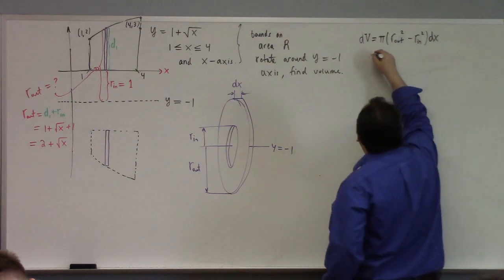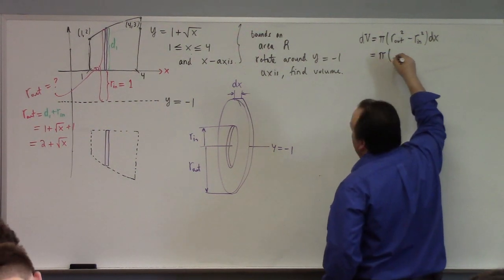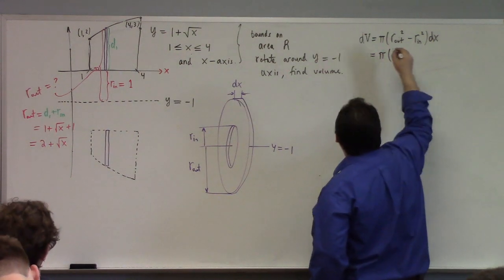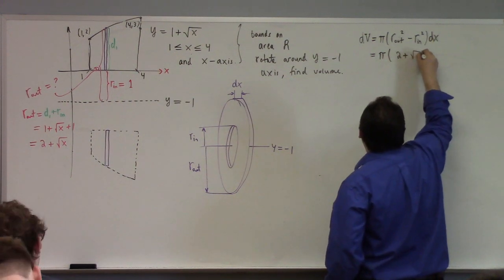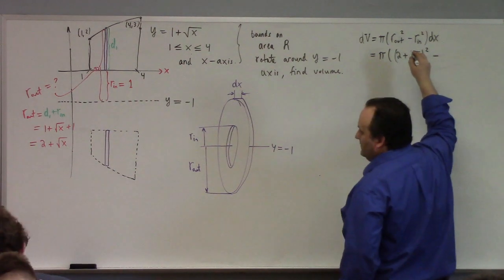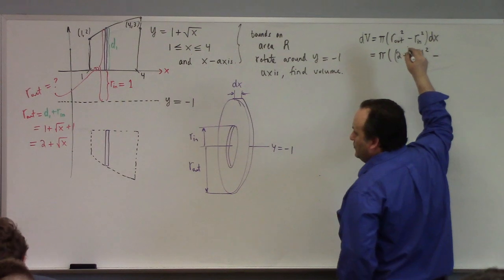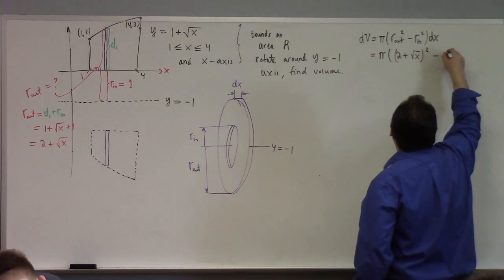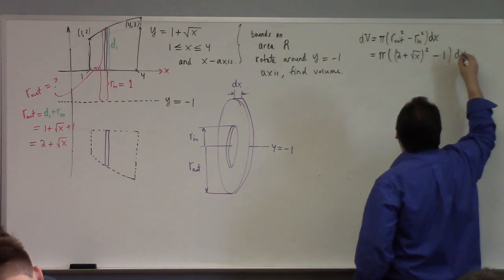But that is specifically pi times, my r out was 2 plus the square root of x. We've got to square that thing. And then we have to subtract r in squared, which was 1. That's easier. dx. All right, great.